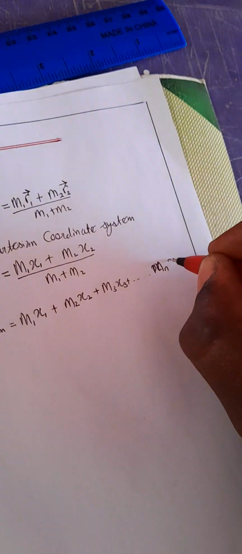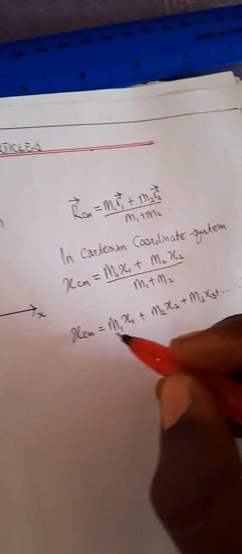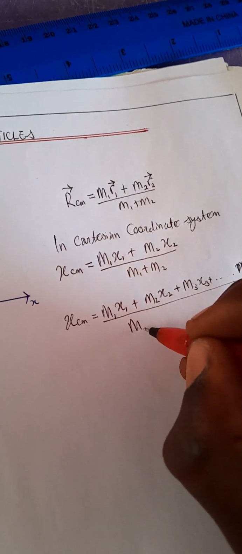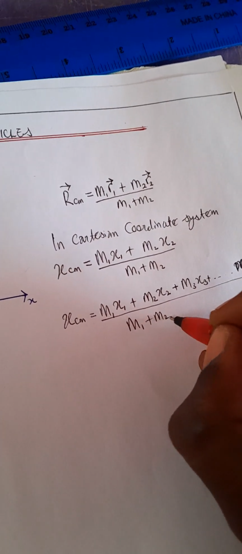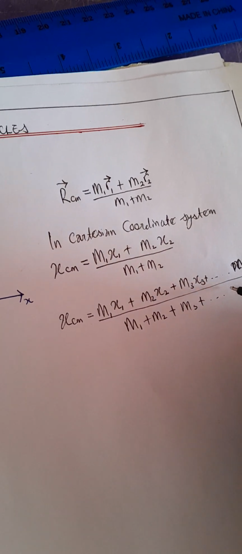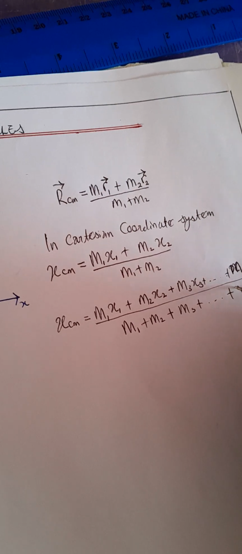So we can have mn at the position n over the sum of all the masses m1 plus m2 plus m3 plus and so on and so forth till mn. I hope you're following. All right, so mathematically we can just simplify this.